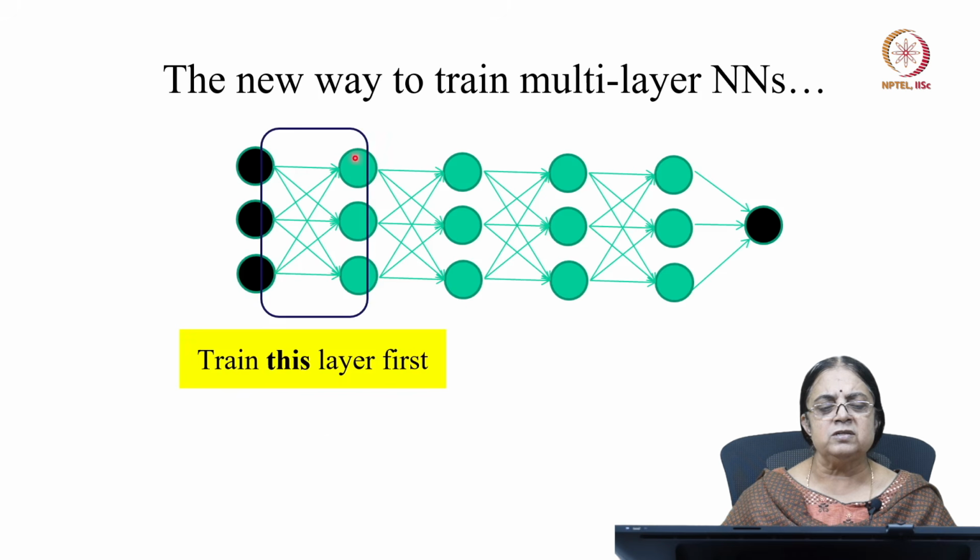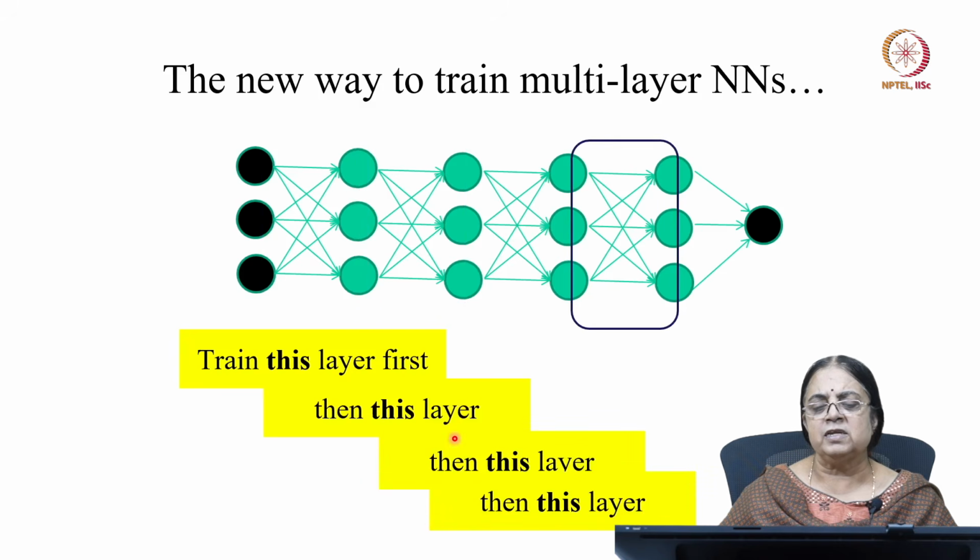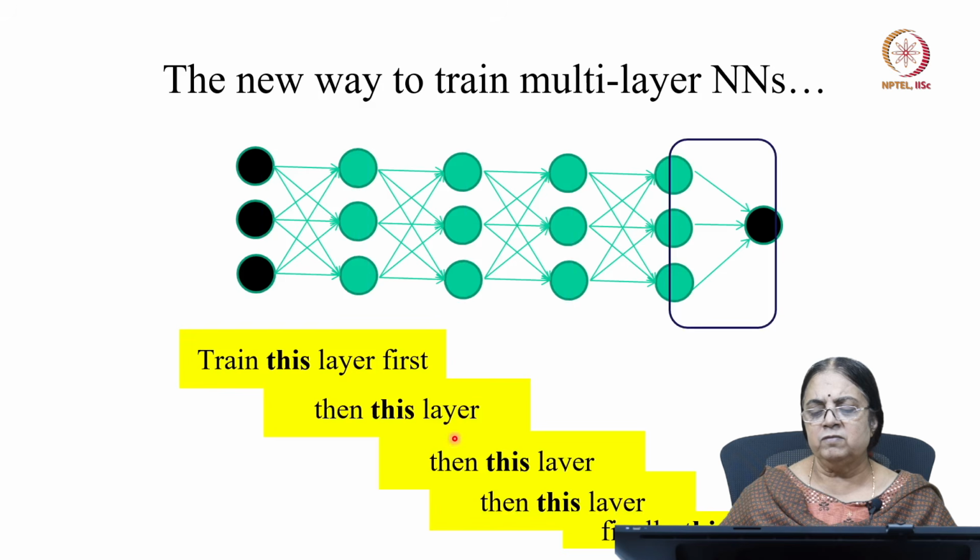You first train this layer, using an encoder decoder. It's nothing but an encoder which you are going to use. Then you train the next layer, and the next layer, and finally you train this layer to carry out the classification.